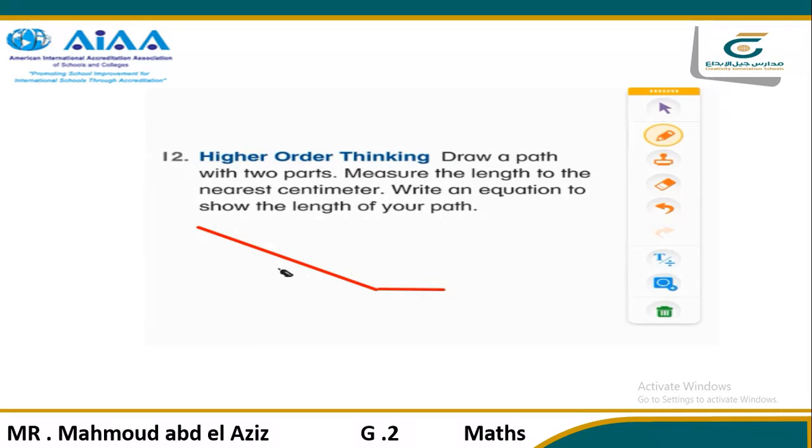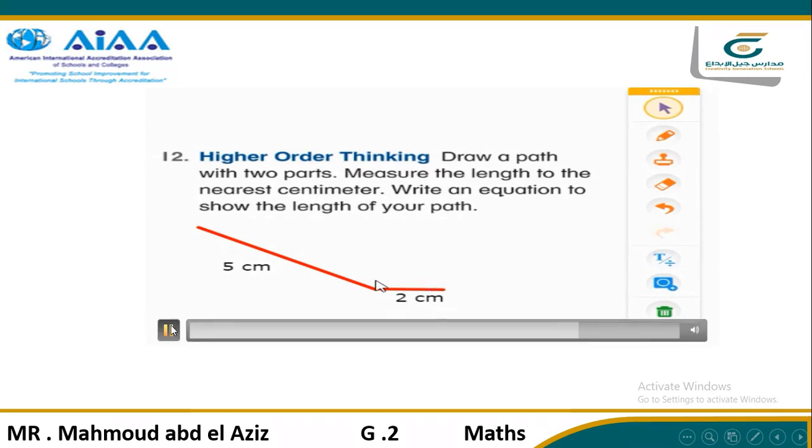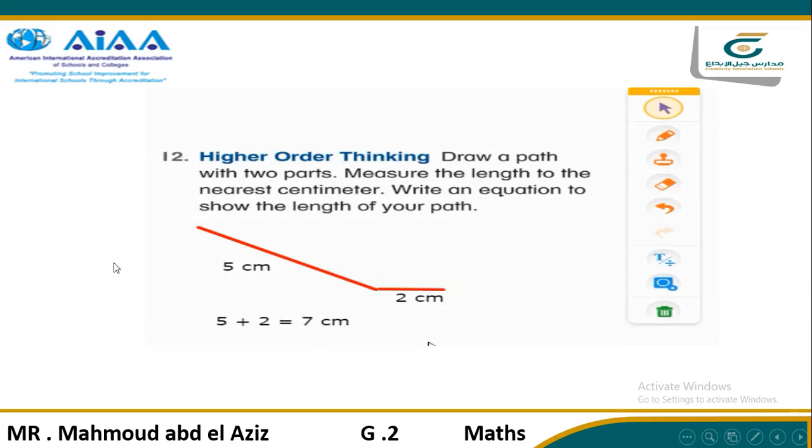So we have here 5 centimeters and 2 centimeters. Now we have two straight lines. First one equal 5 and the second one equal 2. I want to write an equation to show the length of this path. Is that plus or minus or what? Yes, it's plus. So it will be 5 plus 2 equals 7 centimeters.